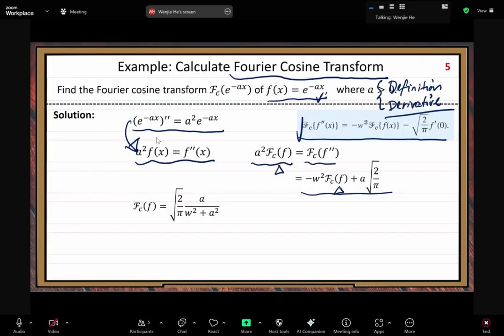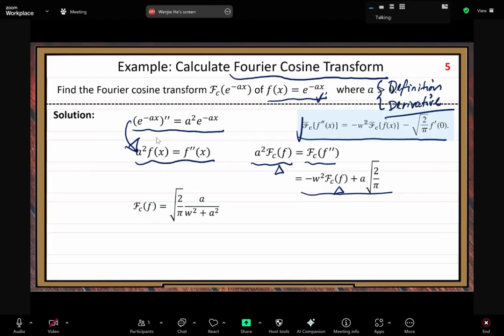Very simple. You can think about if you do the direct calculation, if you use the definition to calculate, how hard it is. Could be very hard. You can try how hard it is.